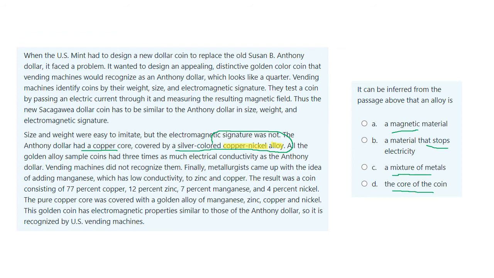And later, we have an alloy of manganese, zinc, copper, and nickel. This time there are 4 different types of metal. But both times we have the word alloy, we have a mixture, a number of metals that come together. So we can say that an alloy is a mixture of different metals.